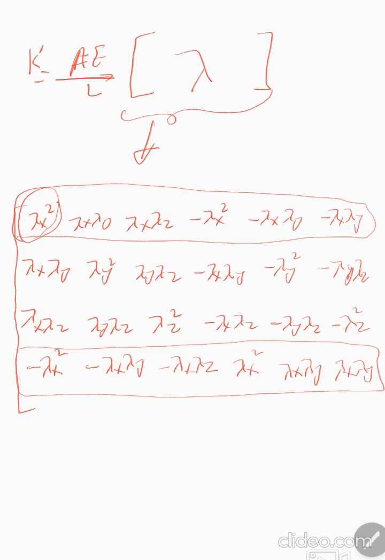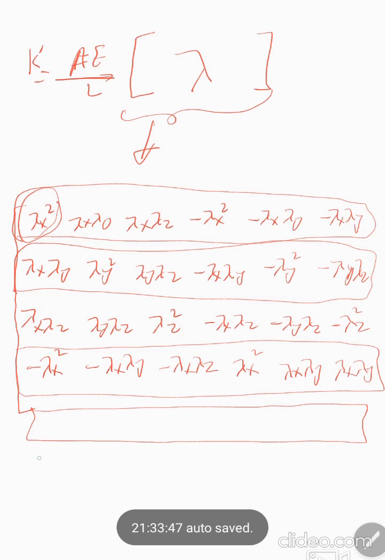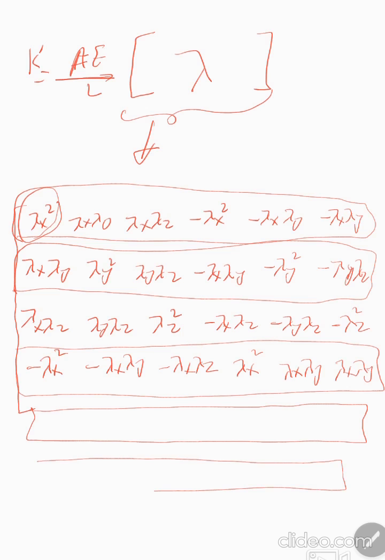Also for these cells, they are the same as this one but in different sign. And also the last one will be the same as this one but in opposite sign.